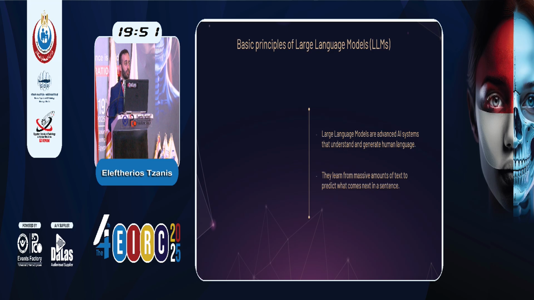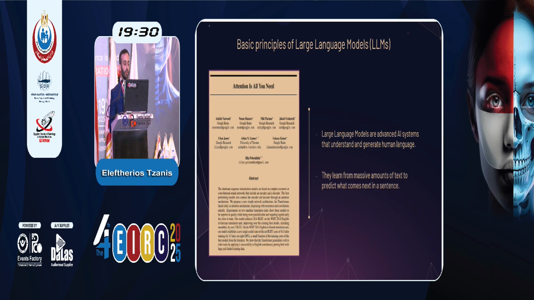As large language models play a very important role in guiding these agentic systems, let's take a closer look at how these models work. So basically, LLMs excel at understanding and generating human language. They are built on transformer architecture, which is based on the attention mechanism introduced in 2018 by Google.